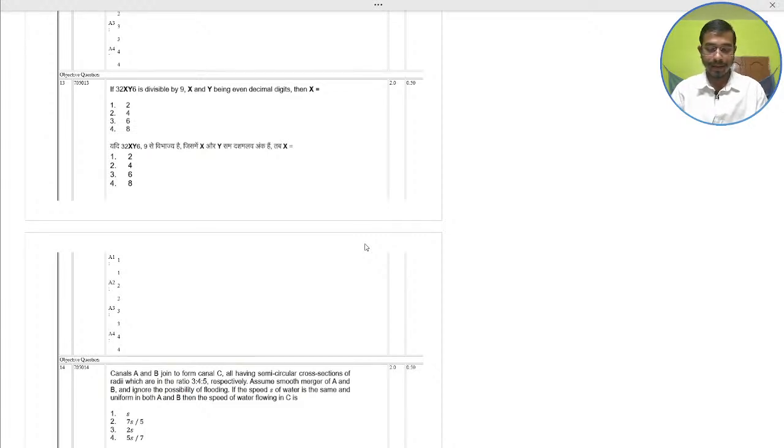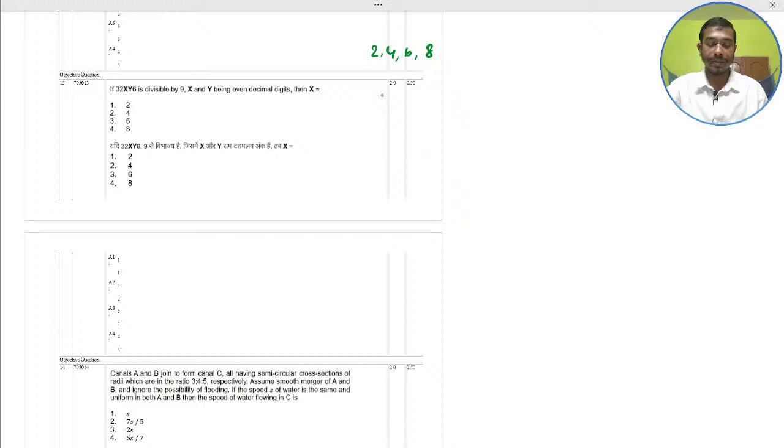So here it is given that for a number to be divisible by 9, the sum of its digits must be divisible by 9. So the possible values of x and y would be 2, 4, 6, 8.